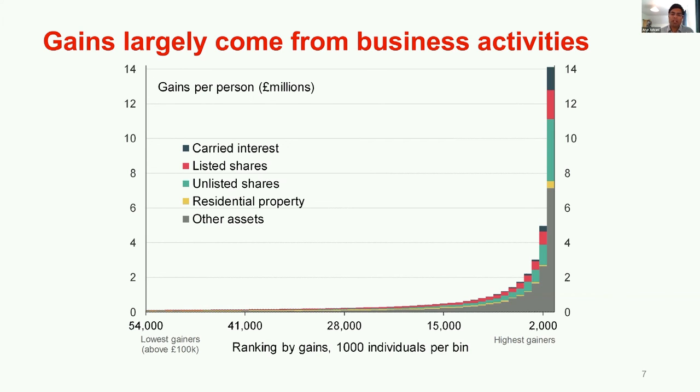So from looking at this, a lot of returns are from business activities. Some of them are from other kinds of labour activities, such as carried interest. So these are things that we think ought to be included in a sensible measure of income.